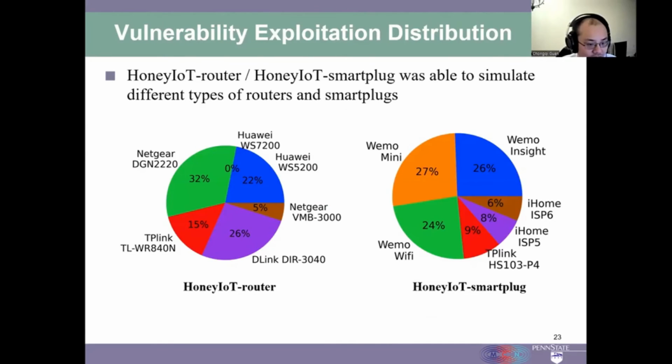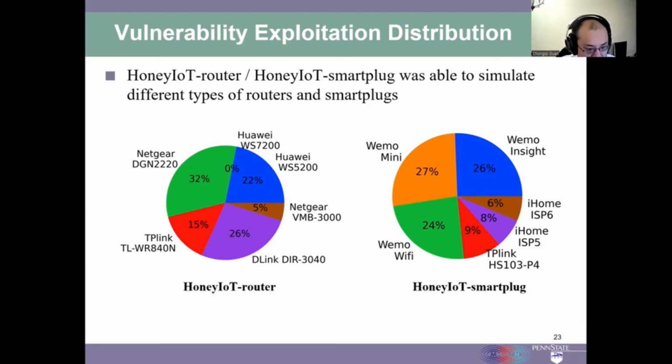As shown in the figure, the router honeypot successfully directs attackers to vulnerabilities of all simulated routers except the Huawei WS7200, probably because there are no publicly exposed vulnerabilities with the WS7200. After analyzing the log, we also noticed that the reinforcement learning model avoids using the response of the Huawei router in most cases, as it does not provide any rewards.